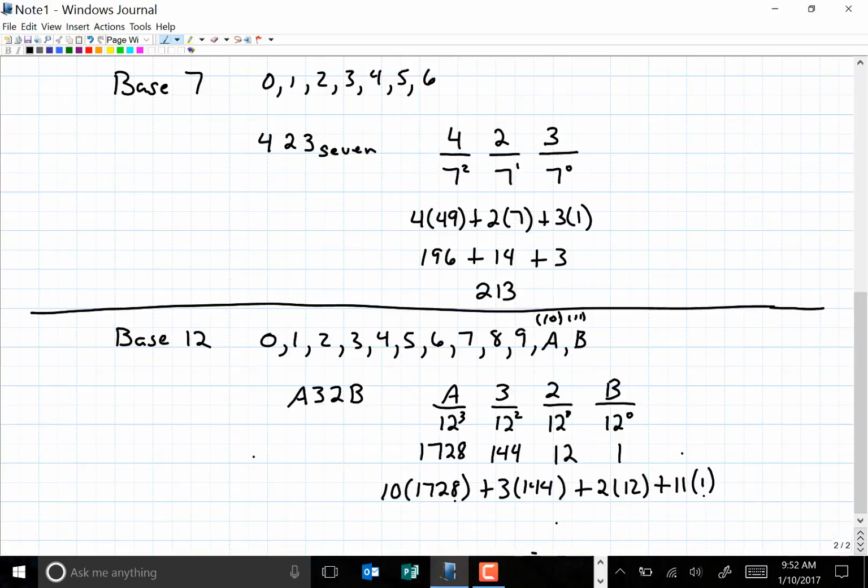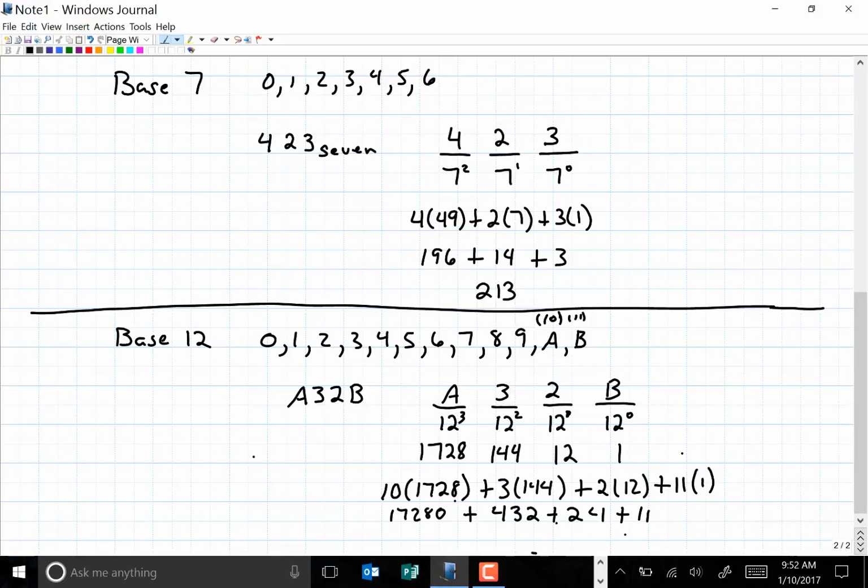So, putting this into a calculator, 1728 times 10 is 17,280. Then 3 times 144 is 432, plus 24, plus 11.